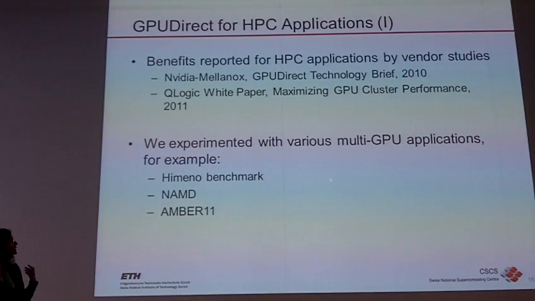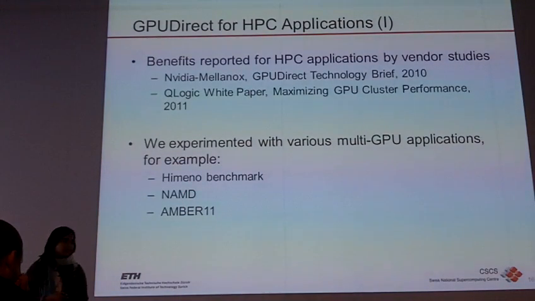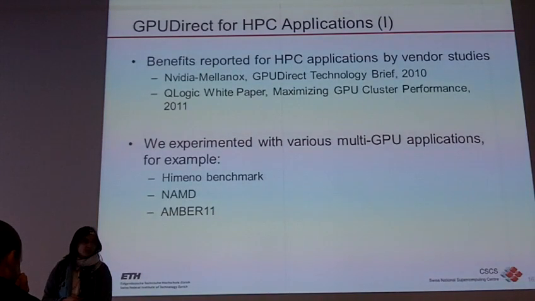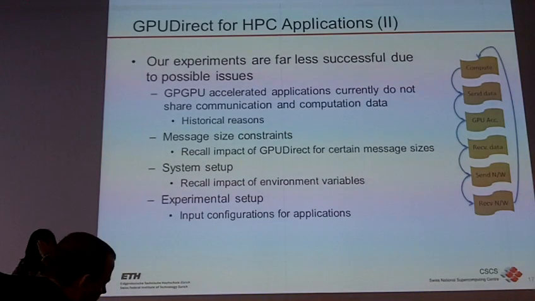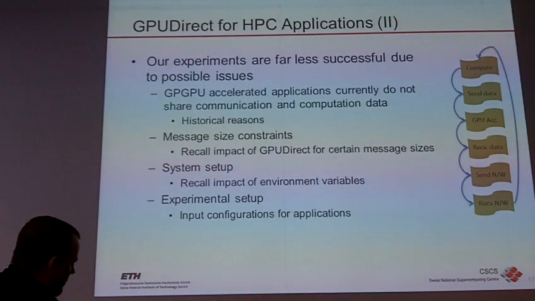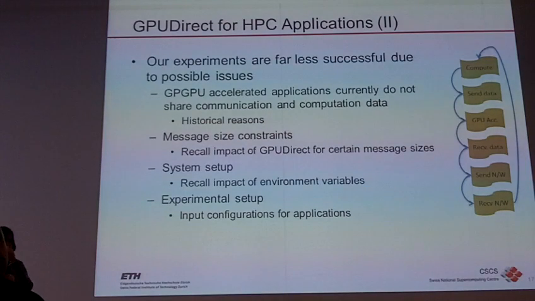So in this case, my colleague Jeff experimented with an MPI benchmark, NAMD, and Ember 11. There is a lot of communication, and these codes have been accelerated using GPUs for a while. But a bit surprisingly, we didn't see more than single-digit performance differences on any of these test cases.